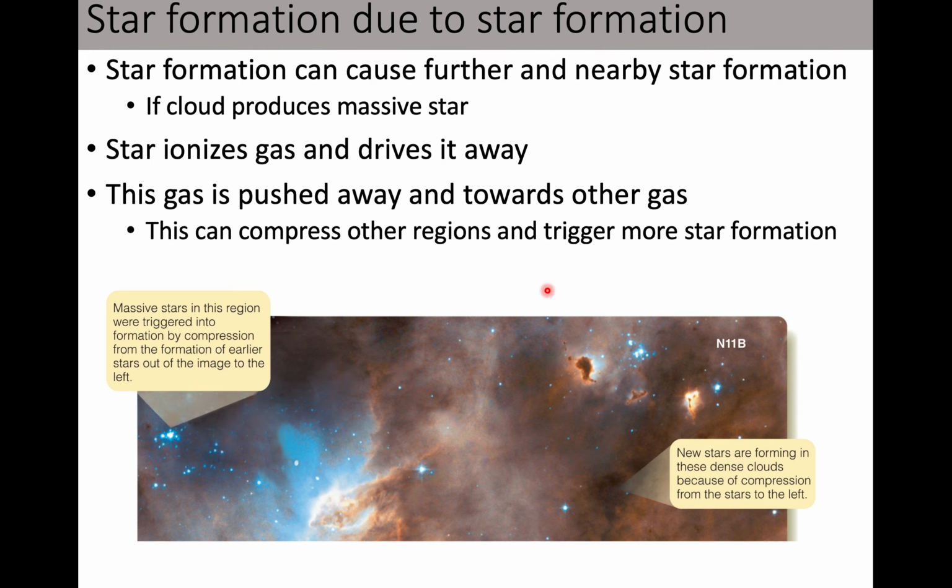So if we have some massive stars over here that were triggered into formation by compression, we know there needs to be compression from stars that were formed outside of the image, off to the left side of the screen. The formation and compression of this region can actually cause some of the ISM to move away from the star formation.